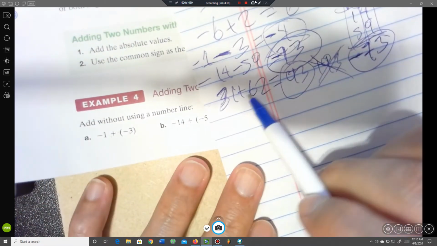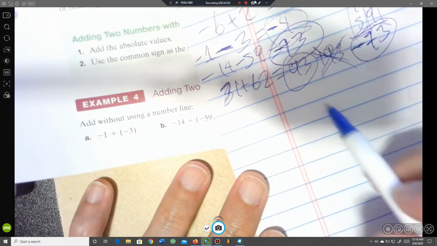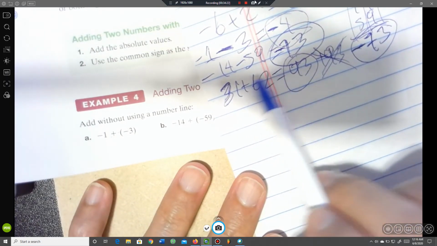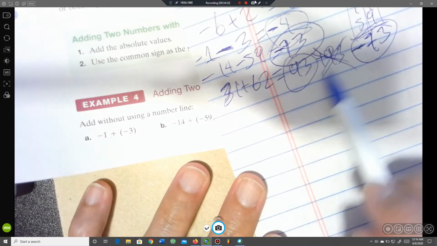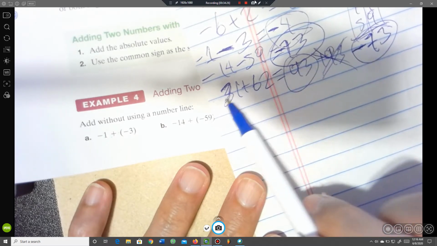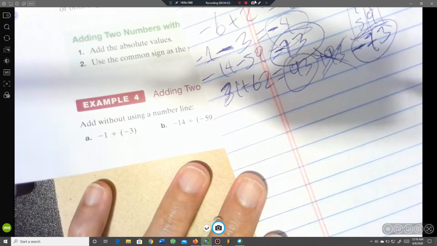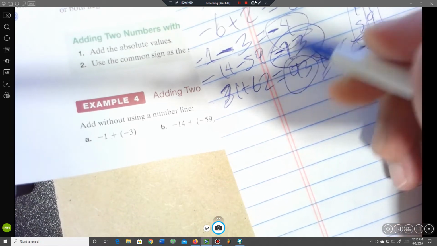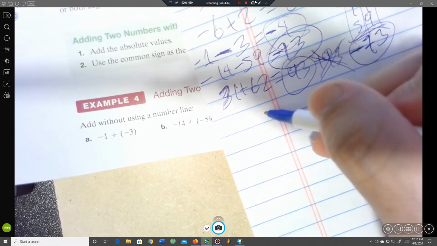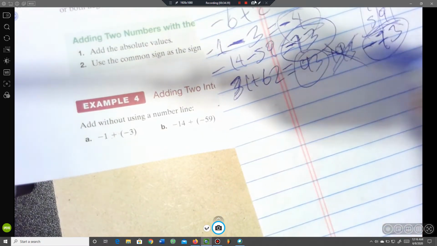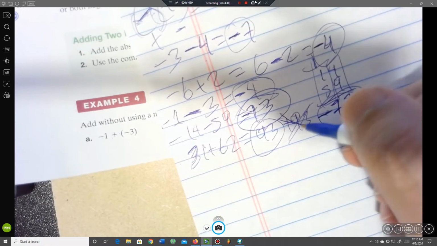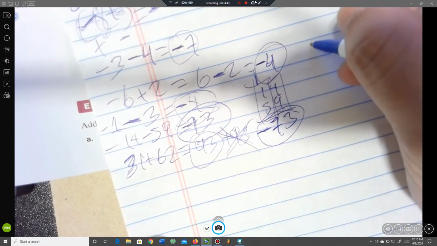Okay, keep the sign. All right, let's move on. Oh no, I still have another one to do here by hand. Remember, we did it in our head by adding the decimals first, and then the ones digits, and then add them up. If you want to do it by hand, this is the way you do it.